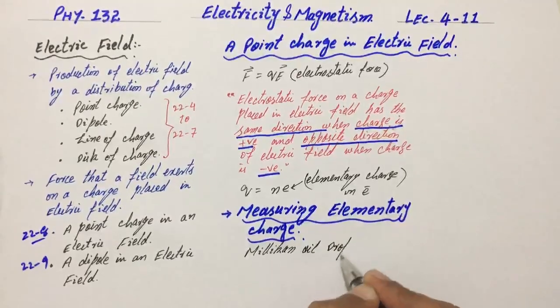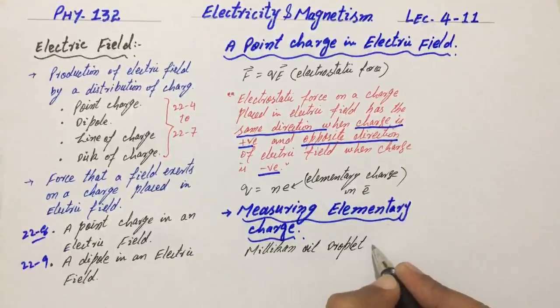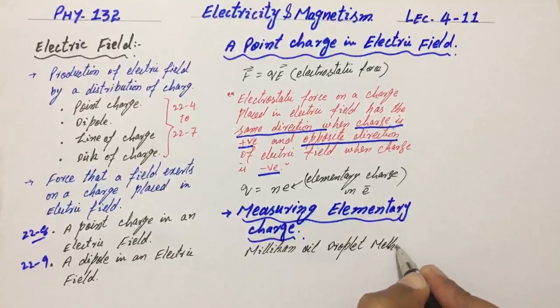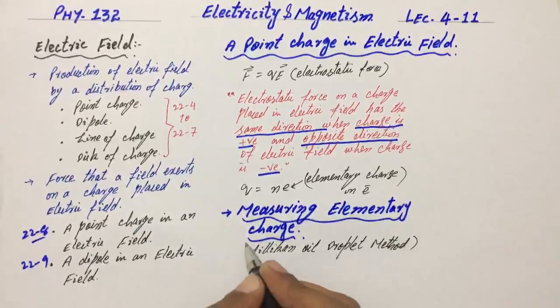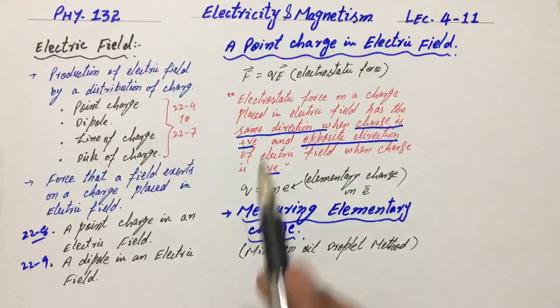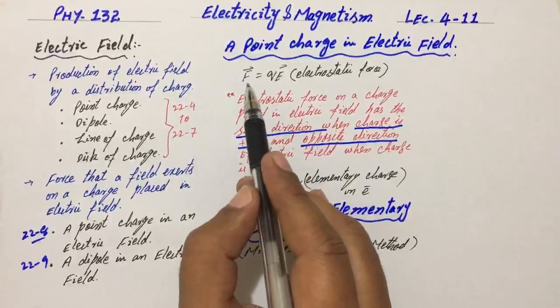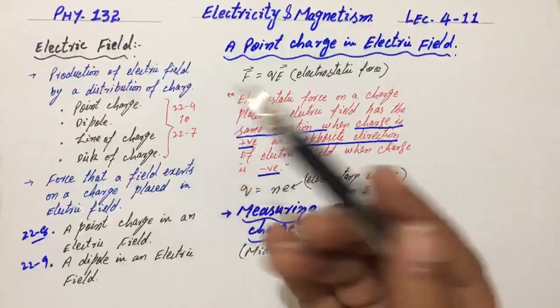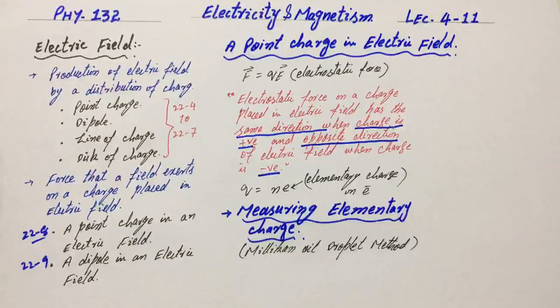So the equation of electrostatic force, F is equal to Q E, is the fundamental force which plays its role in the measurement of elementary charge, and the figure that we have shown and discussed so far describes the method of how the charge on an electron can be estimated.